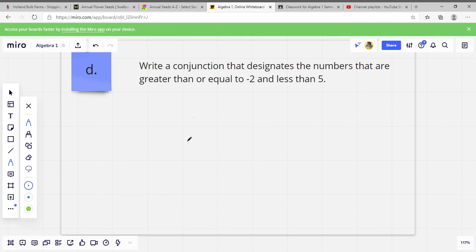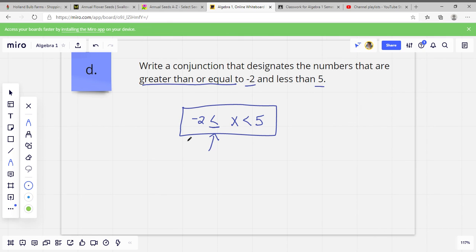So -2 is less than or equal to x, means x is greater than or equal to -2, and less than 5. So x is less than 5. And there's the answer to that one. Easy peasy. So you just got to know where to put these. And the greater than or equal to right here is this one. The less than is that one.